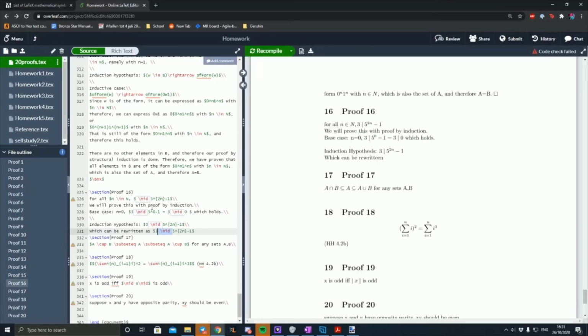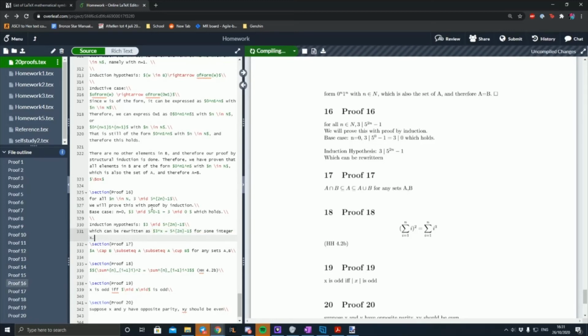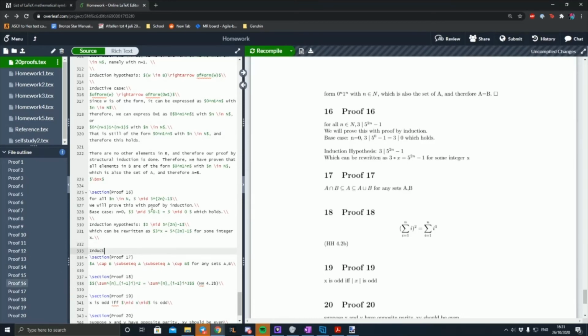So we can say 3 times x equals that for some integer x. Inductive step.